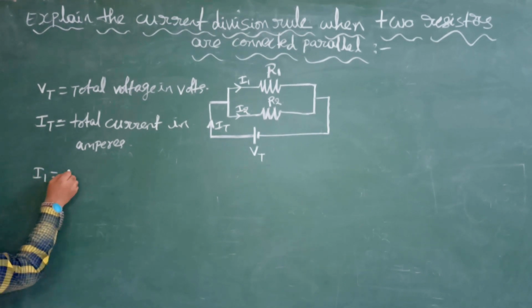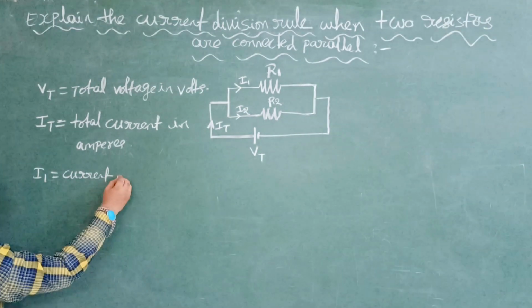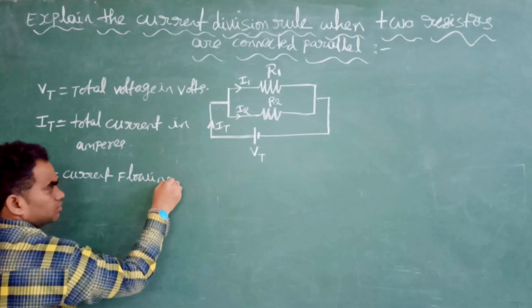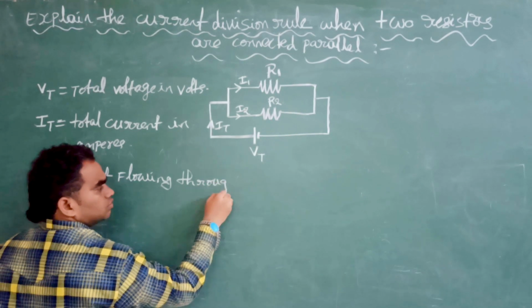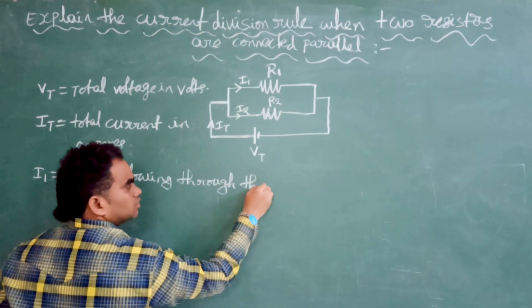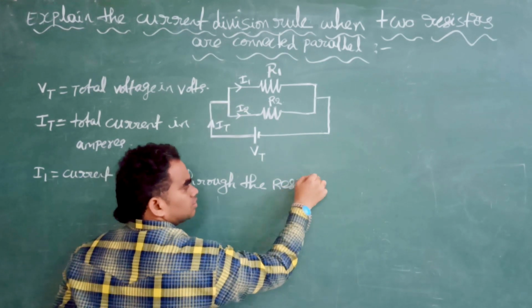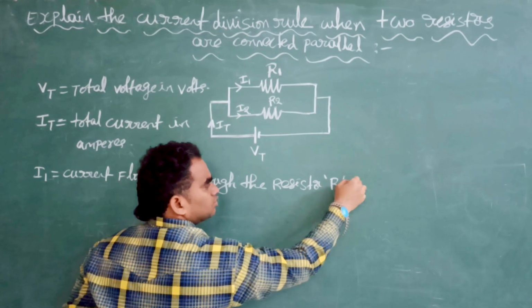I1 is equal to the current flowing through the resistor R1.